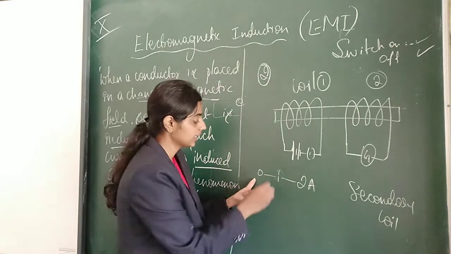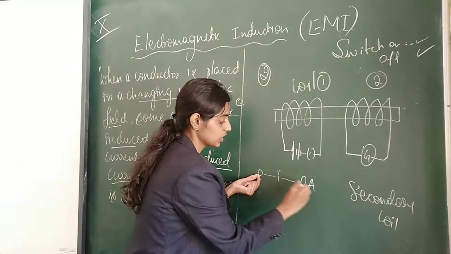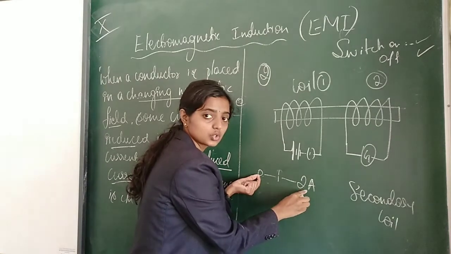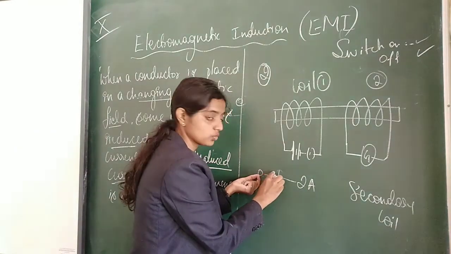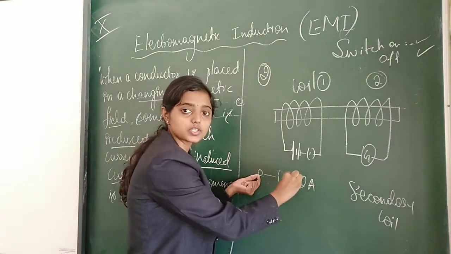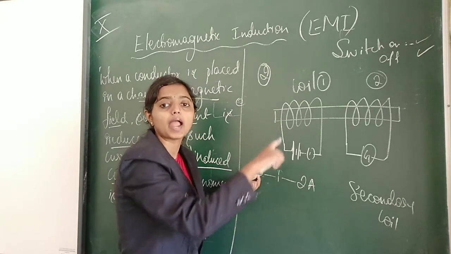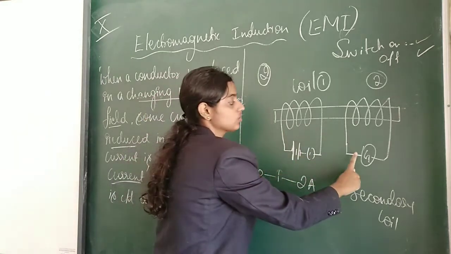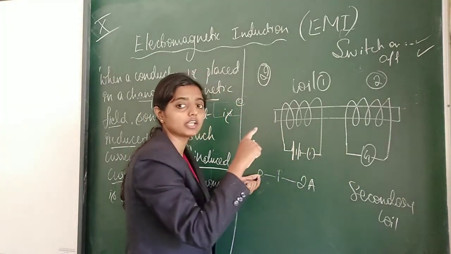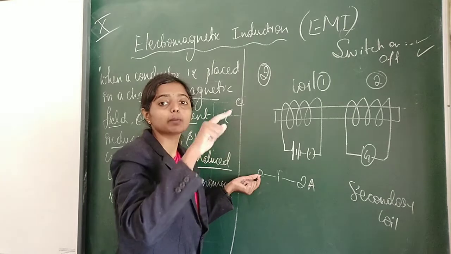So when the current starts to flow from 0 to 2, what happens? We get 0.1, 0.2, 0.3, like that different values, and in each case we will get different magnetic field lines, and we know that induced current will be produced only when we get changing magnetic field lines.